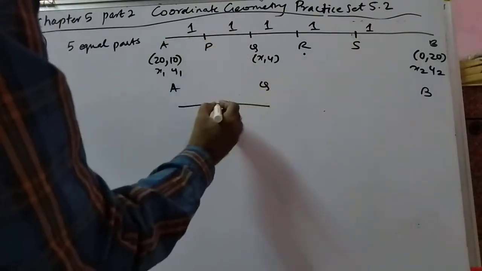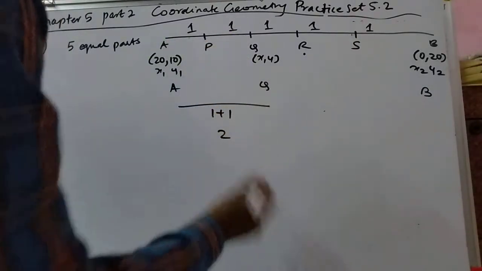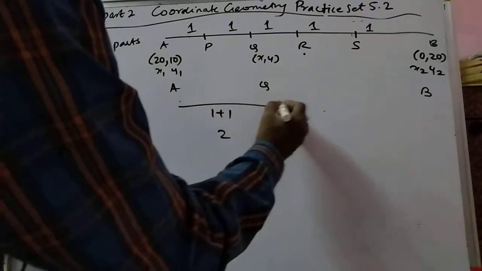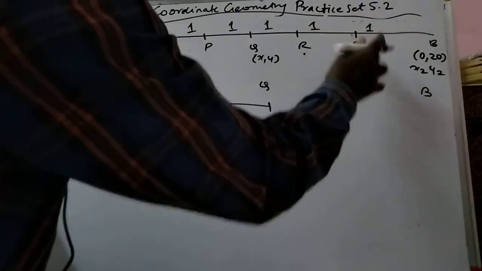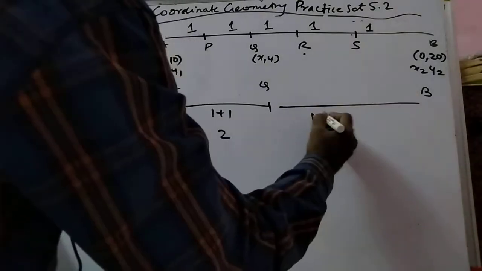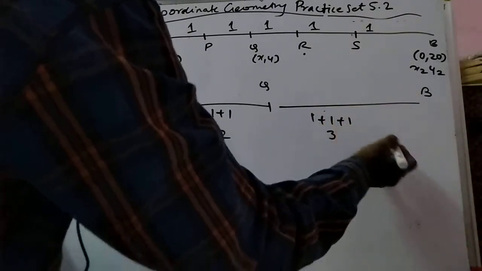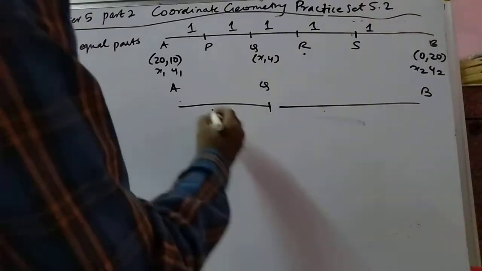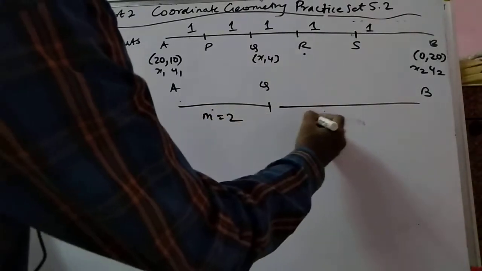Here the ratio is 1 plus 1, that is 2, and here we have 1 plus 1 plus 1, that is equal to 3. So m is equal to 2, n is equal to 3.